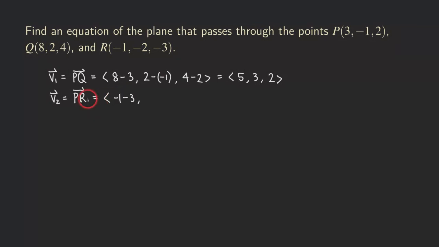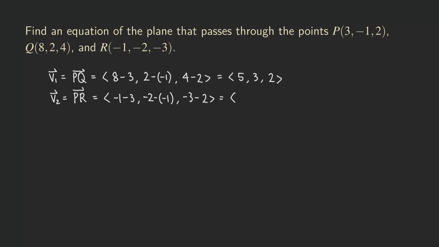Next, -2 minus -1. And lastly, the z value of R, -3 minus the 2.